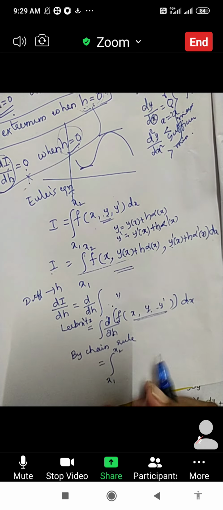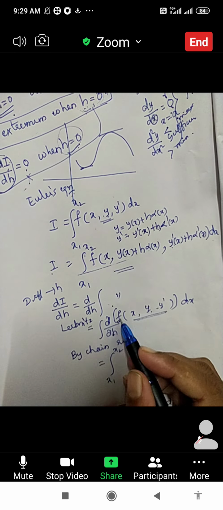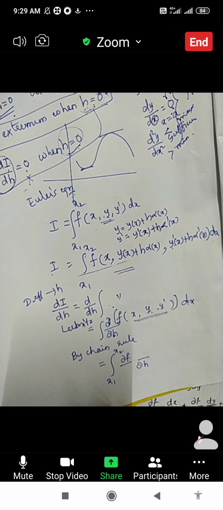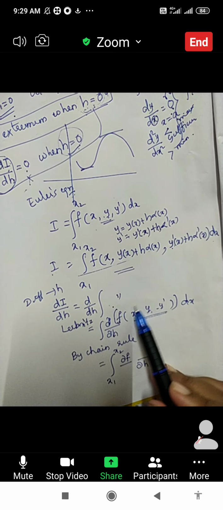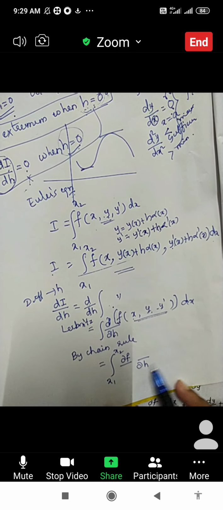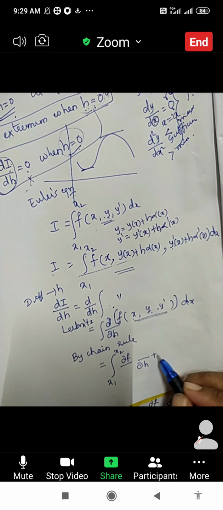Do you remember we have written one shortcut form? We want the derivative of f with respect to h. How many variables in between? 3. So we write this quantity 3 times with plus signs. Isn't it the same thing?